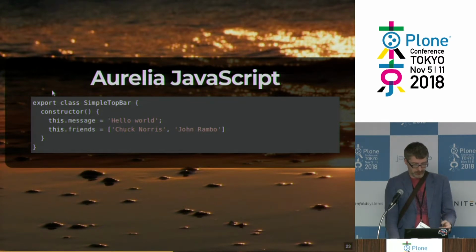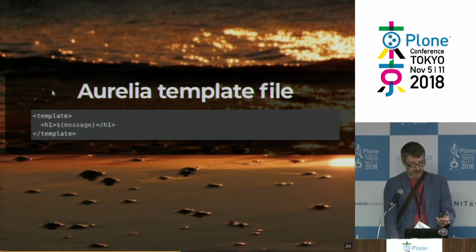Here we just define some variables. And in the template, every template has these template tags, like in the web component specification. And then you use normal JavaScript string expressions there. So it's pretty standard and clean.